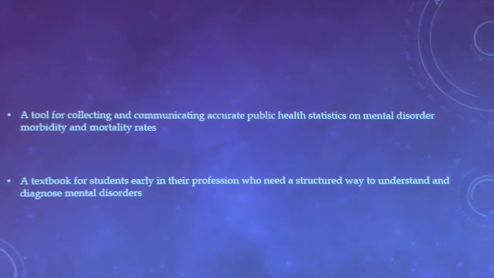So there were a lot of vague diagnoses, but this made it more accurate and more organized. It became a tool for collecting all the information, and gave us more information on the diseases, on mortality, morbidity, and of course, for the students, when you start off, DSM is very essential.